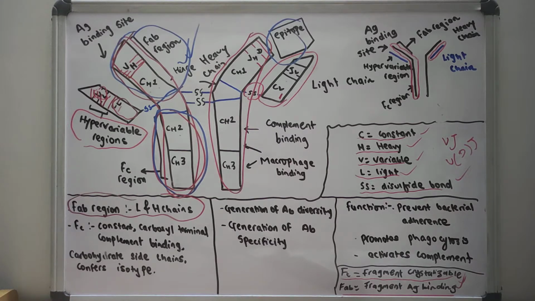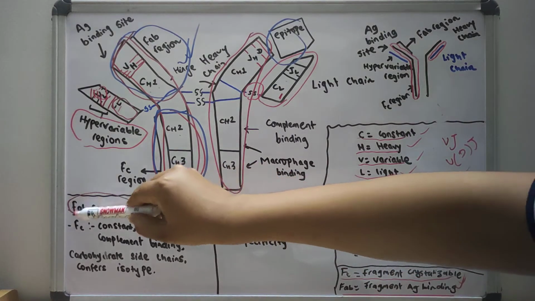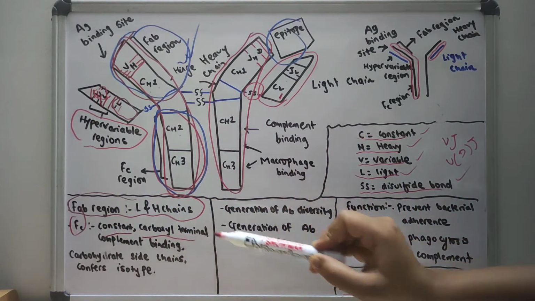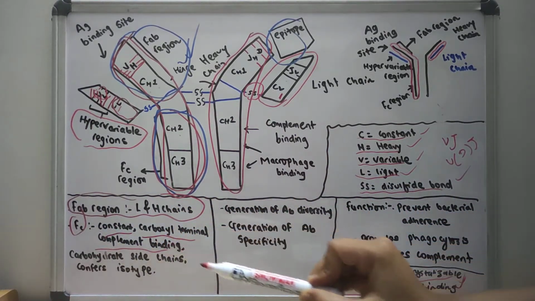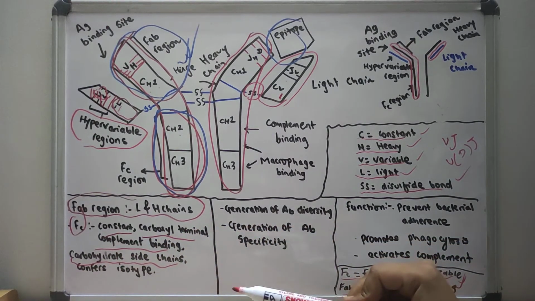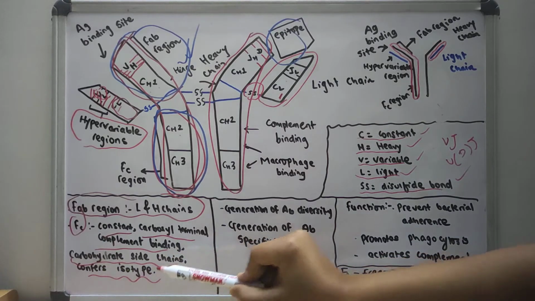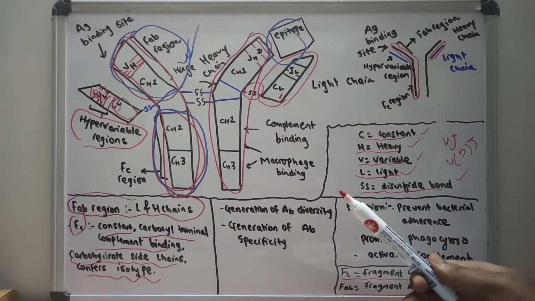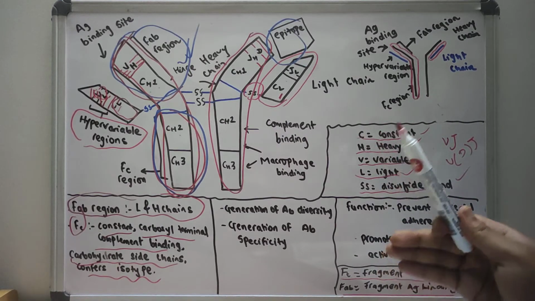That means only one antigen specificity is expressed per B cell. The FC region is the constant carboxyl terminal. It binds the complement, has carbohydrate side chains, and confers the isotypes. This is the property of the FC region.